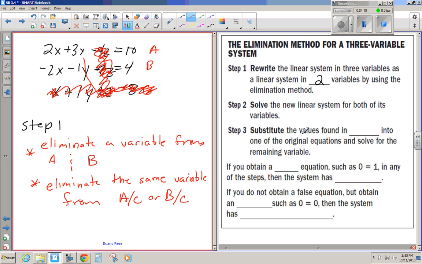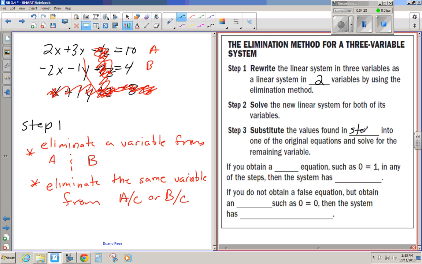Then, step 3, substitute the values found in step 2 into one of the original equations and solve for the remaining variable. If you obtain a false equation, such as 0 equals 1, in any of the steps, then the system has no solution.